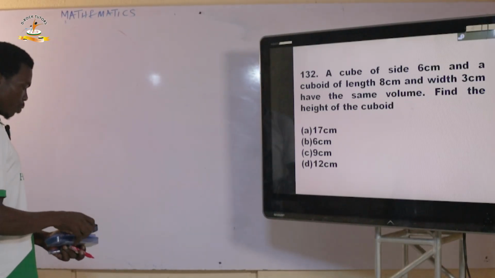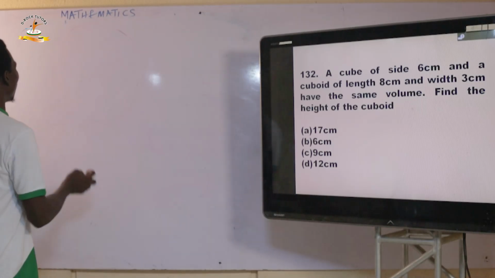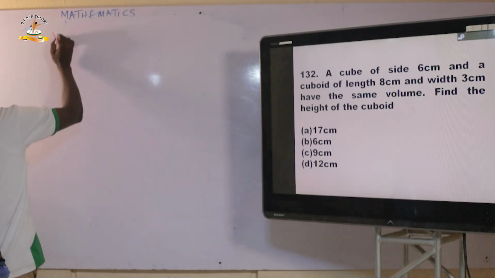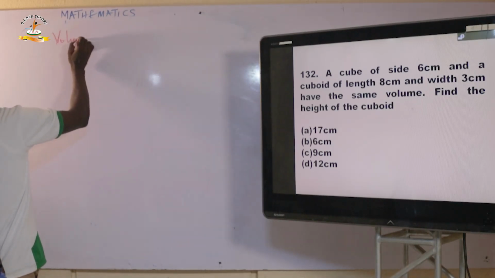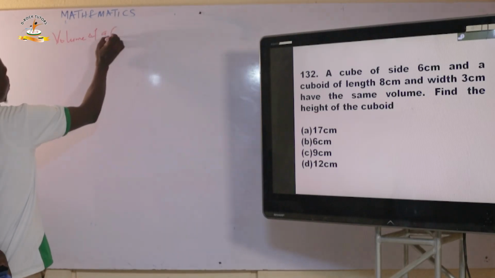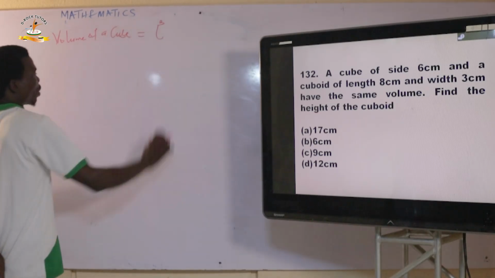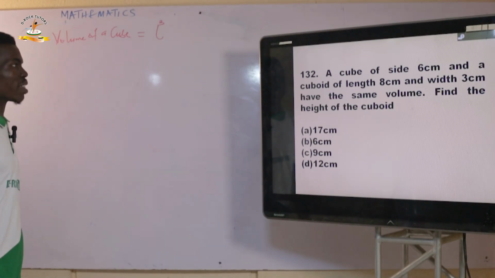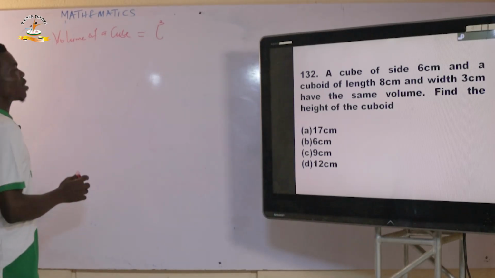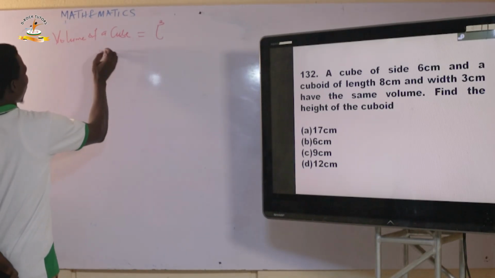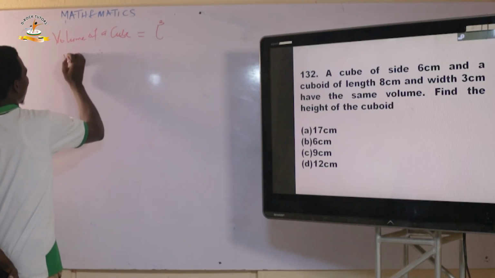We have a cube. So what is the volume of a cube? The formula for volume of a cube is L raised to power 3, as L times L times L.